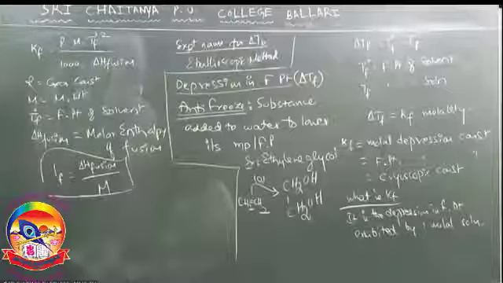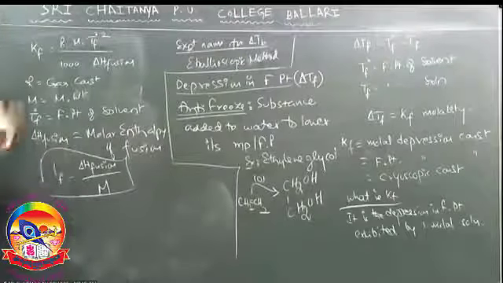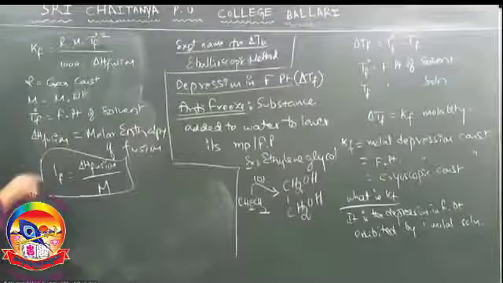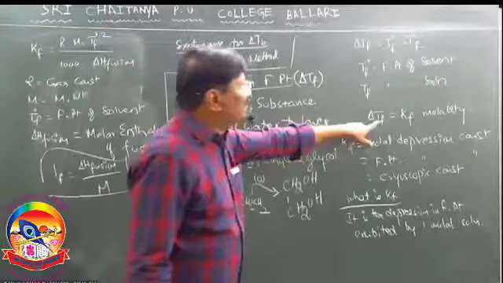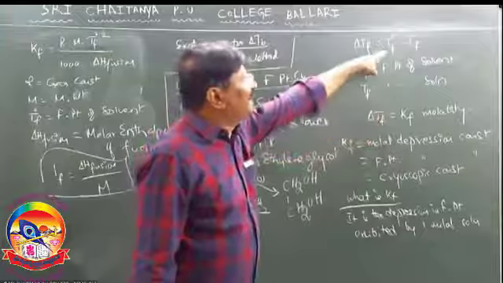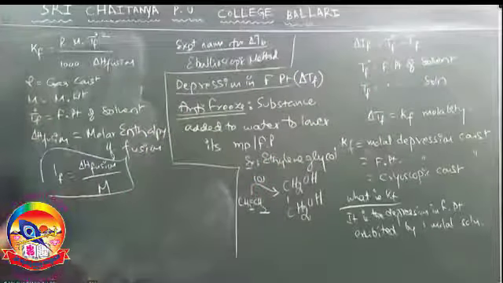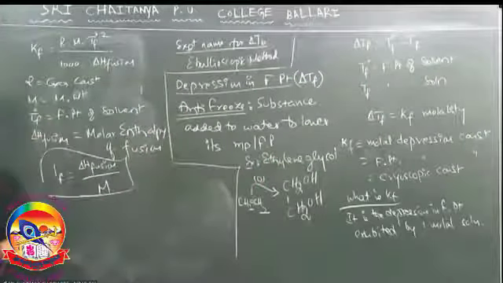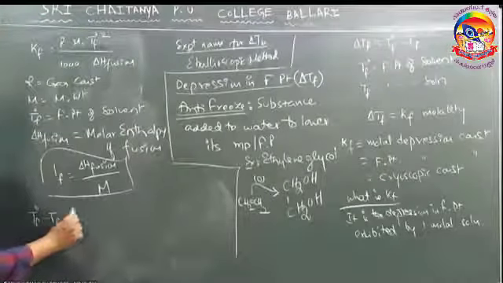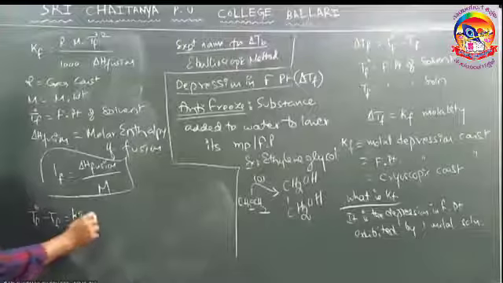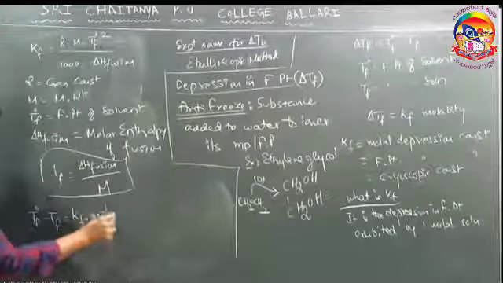And then one more. Now the formula: delta TF means T naught F minus TF, which is equal to KF into molality. Is it not?